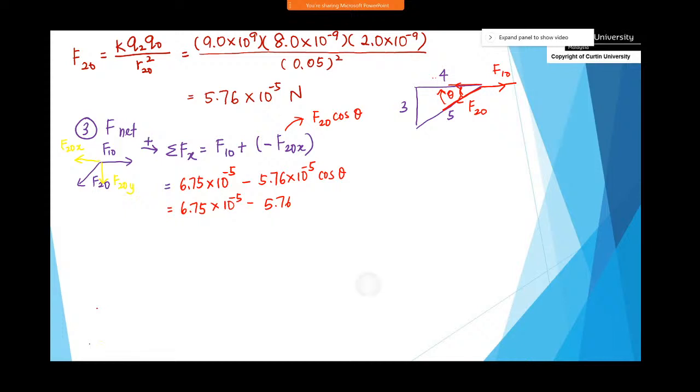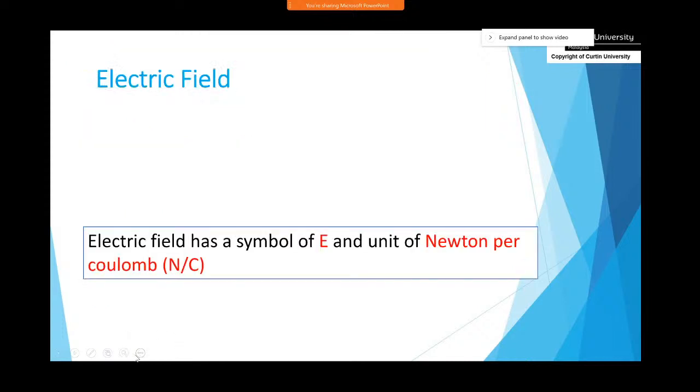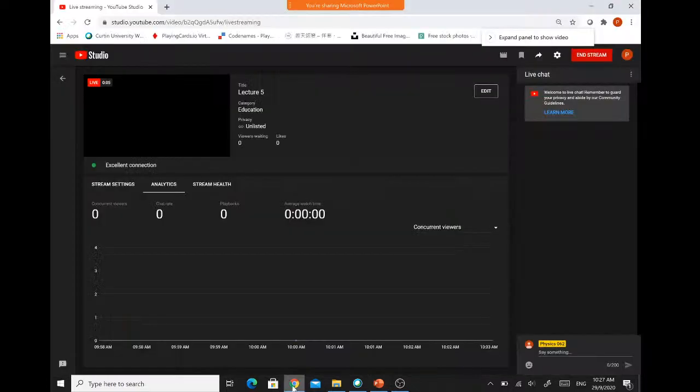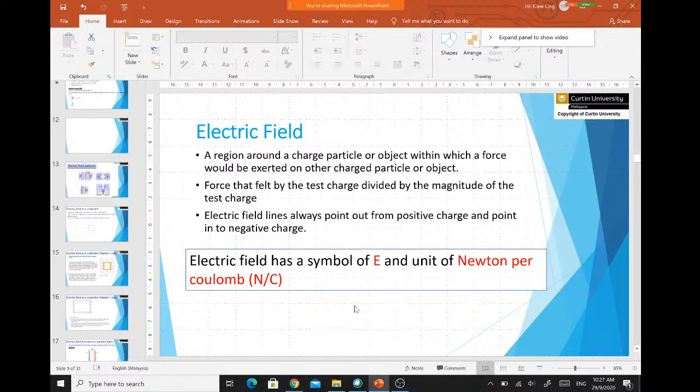Internet connection very poor. How about now?